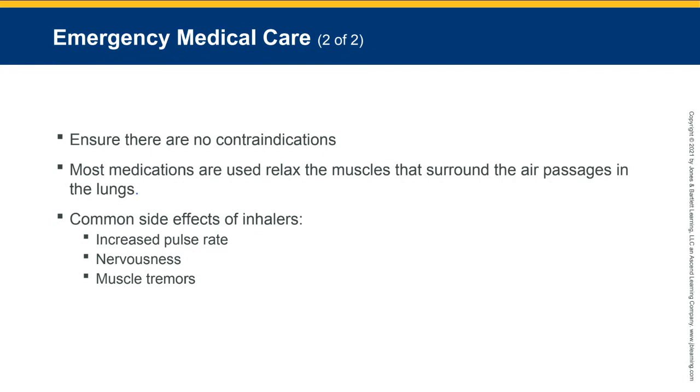Common side effects of inhalers, because they are sympathomimetic in nature, they will mimic the sympathetic system, so it's going to cause increased pulse rate, nervousness, muscle tremors, blood pressure can go up. When you're assisting with a metered dose inhaler, it is 2 puffs, so it's 1 puff, and then 5 minutes later, another puff. Don't give them the 2 puffs one time.